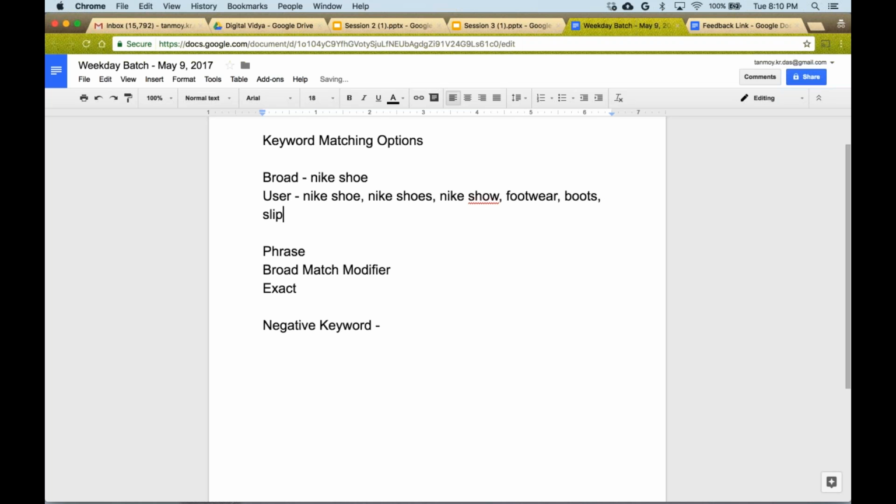When all these searches are happening, chances are that your ad might be shown to that person, because your keyword is a broad match here. That's how a broad match is going to work. It will show your ads to all these kinds of people. Does this make sense?